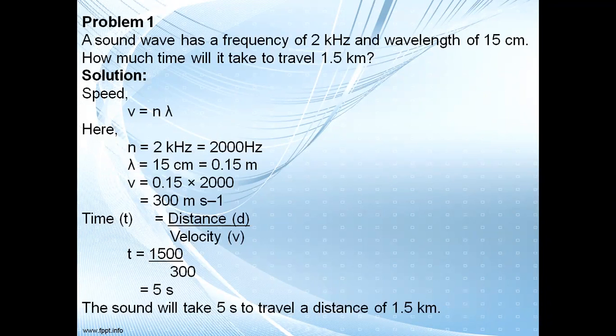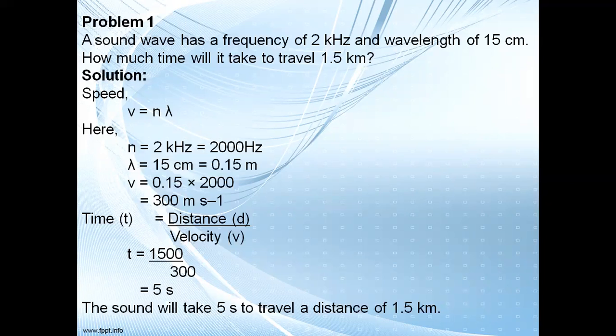Substitute the values in the speed formula v equals n lambda: n value is 2000 into lambda value 0.15, that is 300 m s power minus 1. Now time: t equals distance divided by velocity.